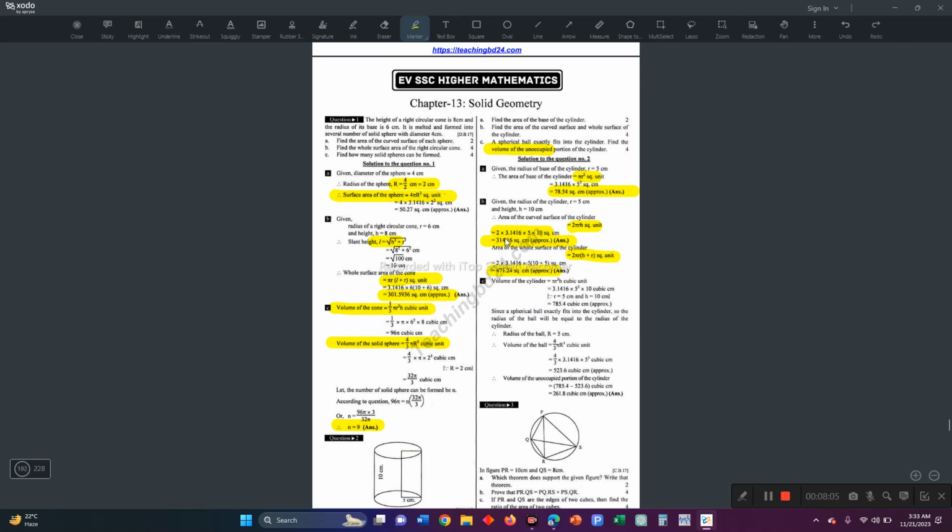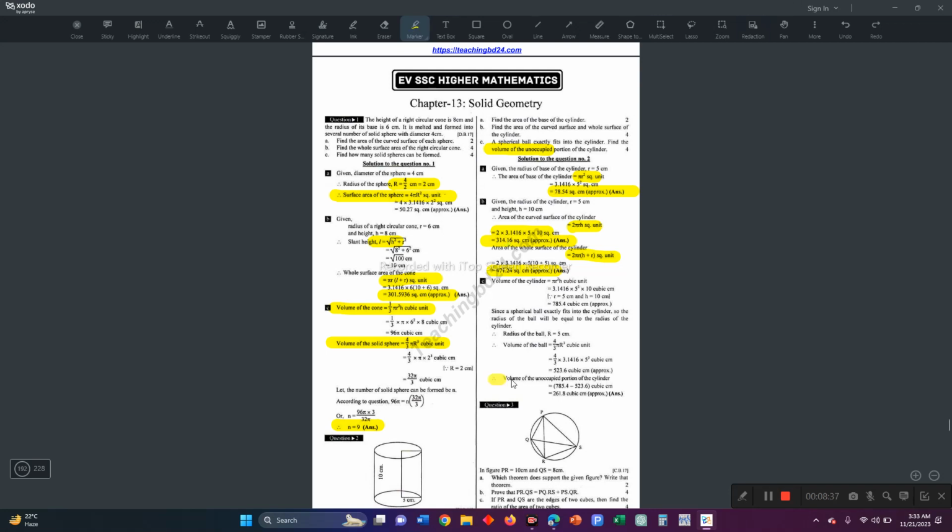Here r is equal to the radius of the cylinder, so it will be 5 centimeter. So the volume of the spherical ball is 4 by 3 into 3.1416 into 5 cube, that is 523.6 cubic centimeter. Now subtracting the last volume from the first volume, we get the volume of the unoccupied portion, and that is 261.8 cubic centimeter.